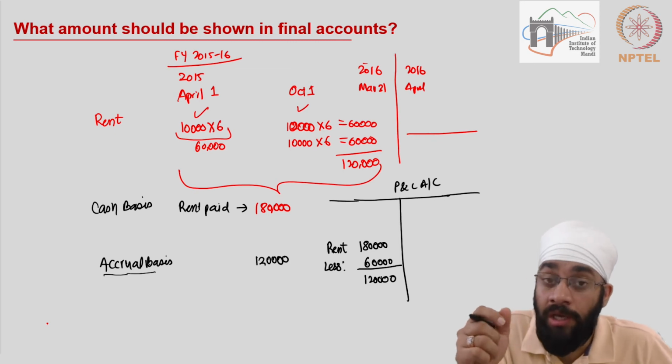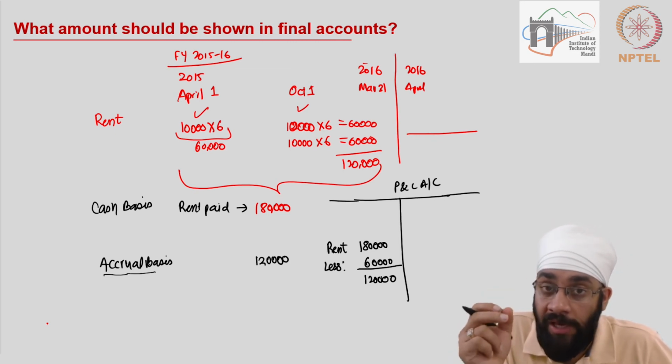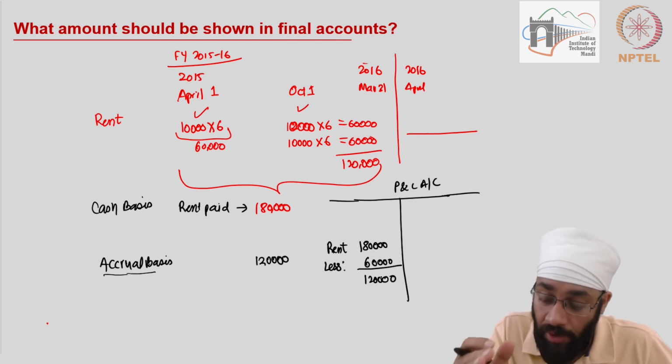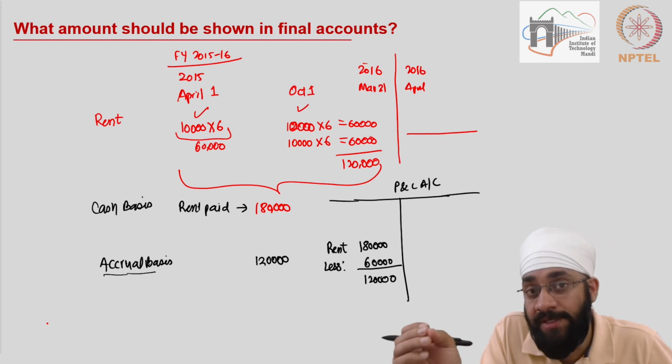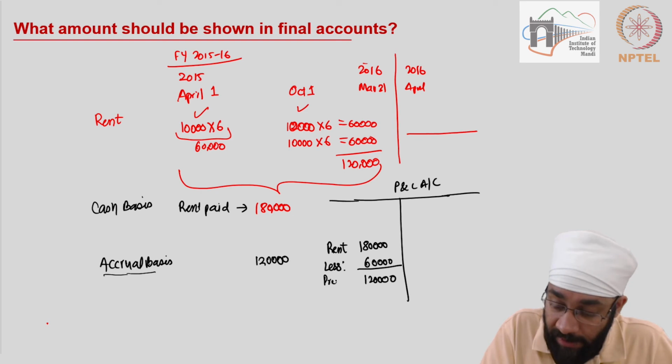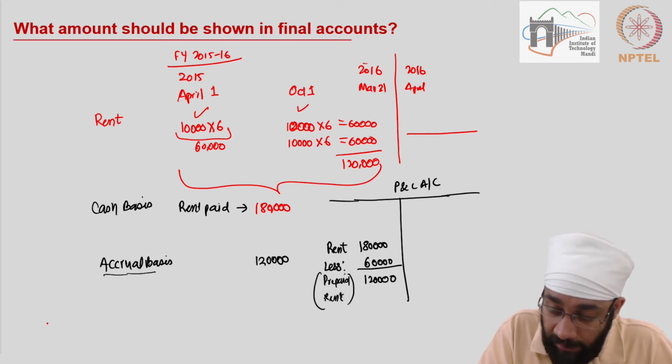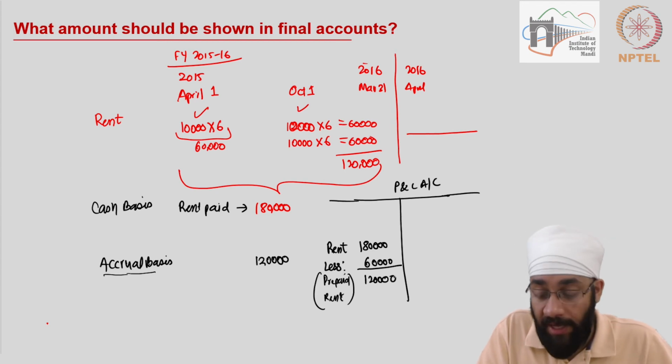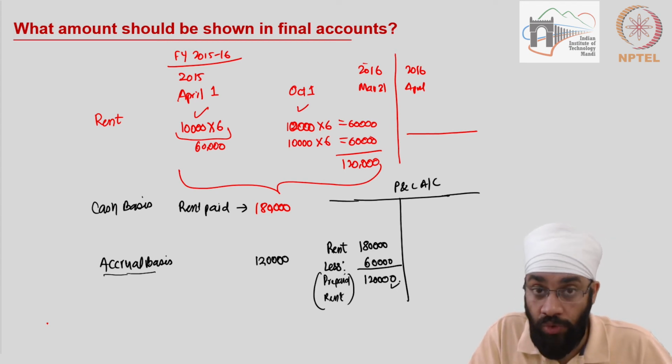Again, I'm invoking the matching principle, the accrual principle, that you cannot show the expense of the next year in this year. So this is prepaid rent that you are deducting. So less prepaid rent, and this is the actual expense that you show.